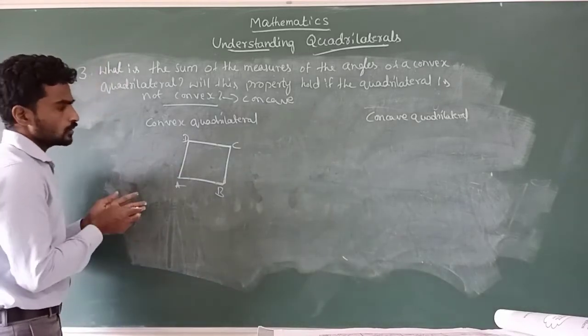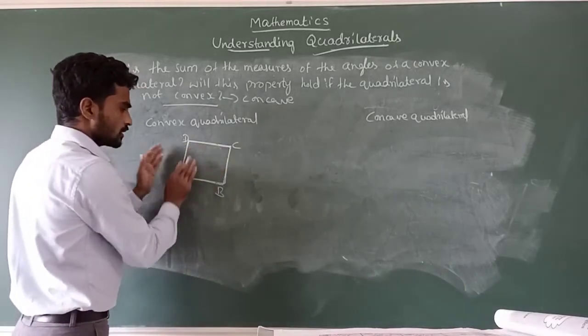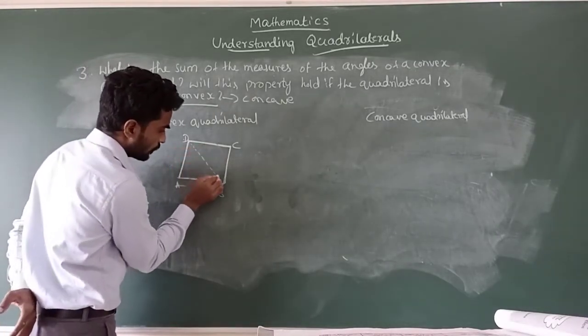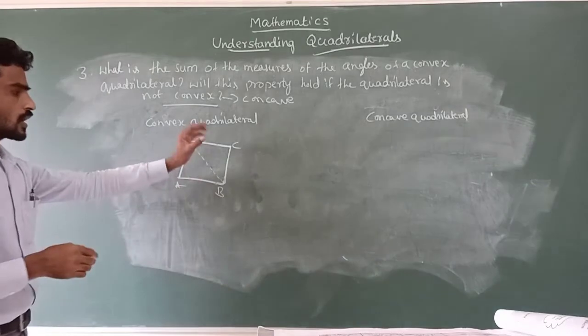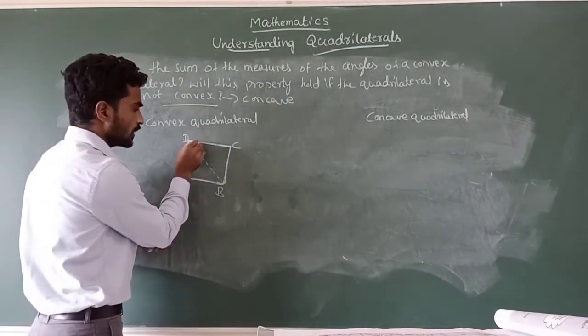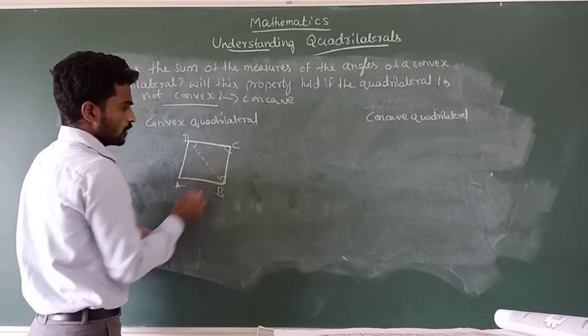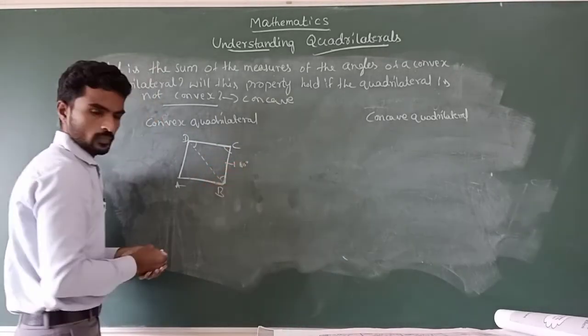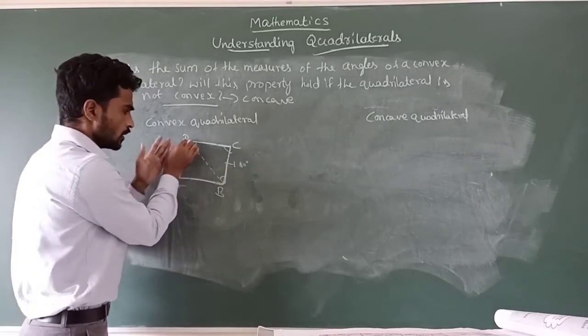Now we don't know the sum of interior angles of a quadrilateral, but we can divide this convex quadrilateral into 2 triangles. We already know that the sum of interior angles of a triangle is equal to 180 degrees.